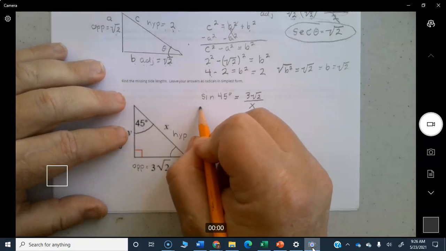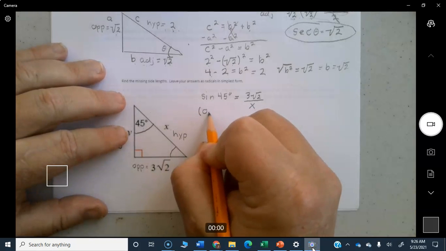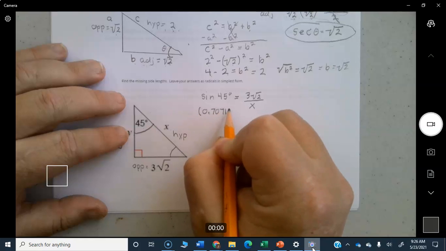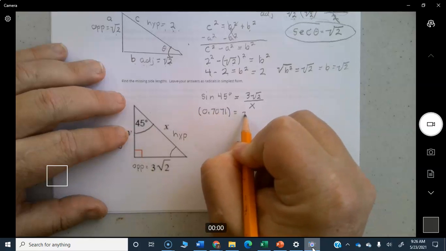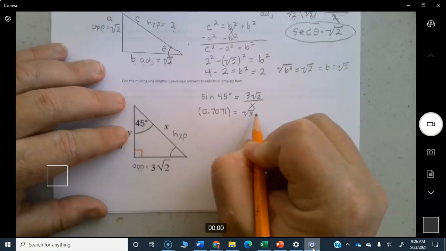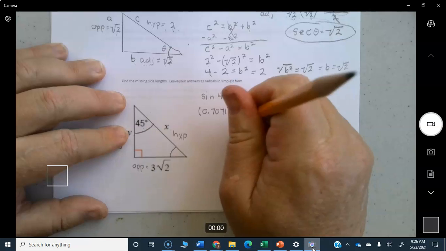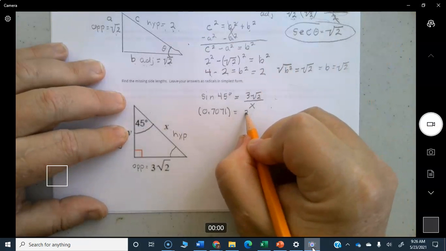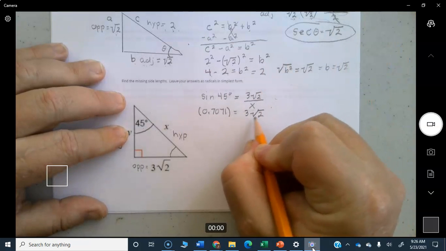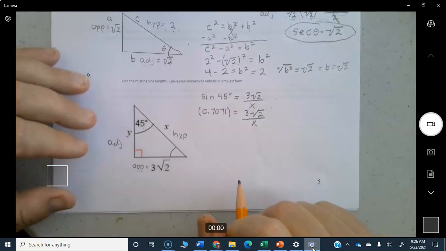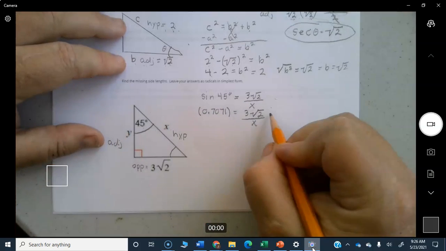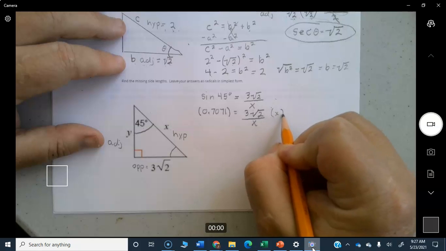So this equals 0.7071 equals, excuse me, 3 square root of 2. Let's get that right. Over x. Okay, now it's 2 algebra steps. First one is you got to multiply both sides by x.